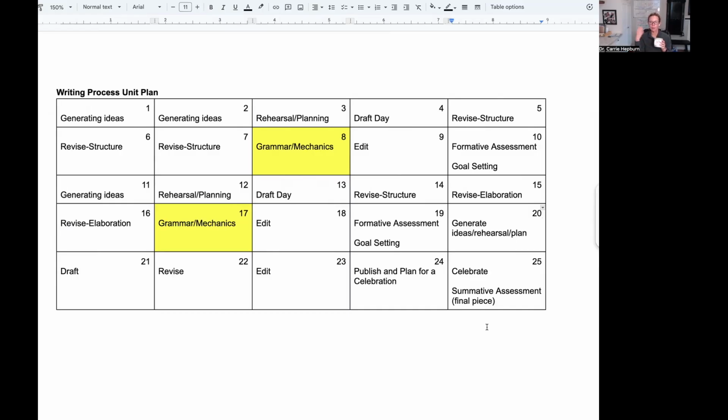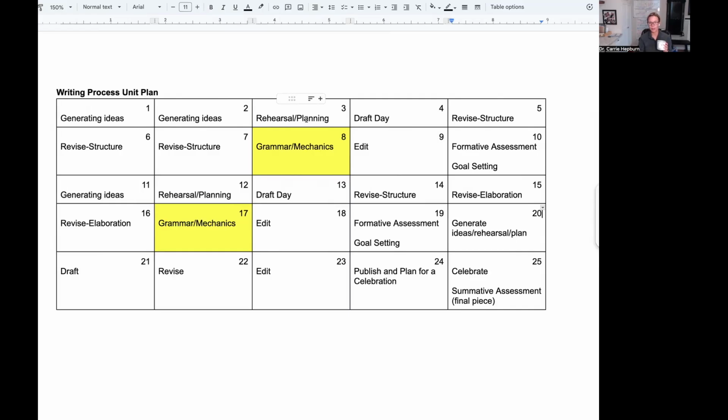So we want to be able to get kids doing this. And if you're doing this process every day or the majority of your school year, your kids can do it automatically, right?